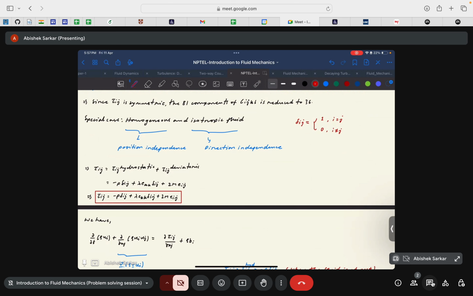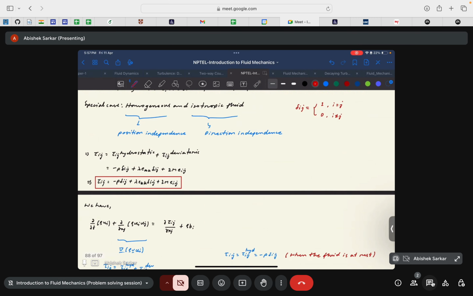Okay, so let me go through each and every term here. P here is the pressure, or to be precise, the thermodynamic pressure, which can be found using the equation of state.